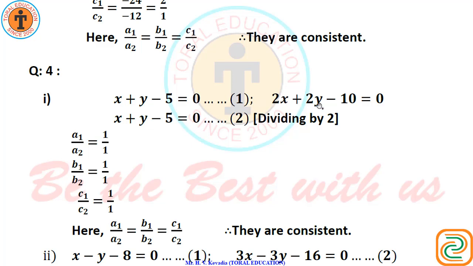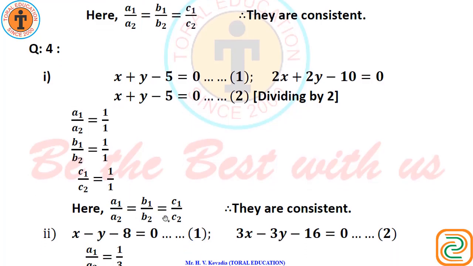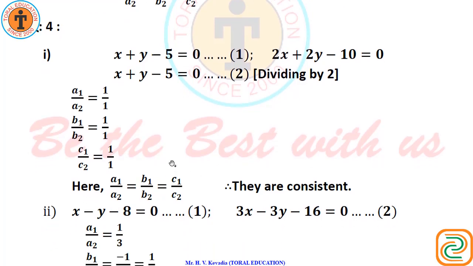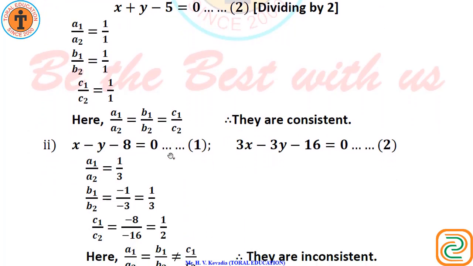You can see both the equations are equal. So a1 upon a2 equals 1 upon 1, b1 upon b2 equals 1 upon 1, c1 upon c2 equals 1 upon 1. Therefore, all are equal, so they are consistent. All are equal means both the lines are the same.